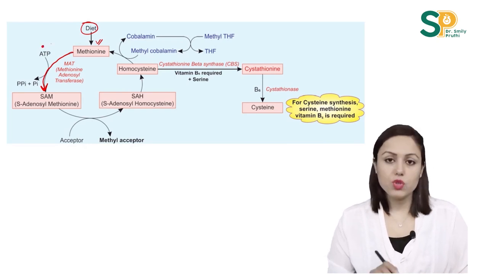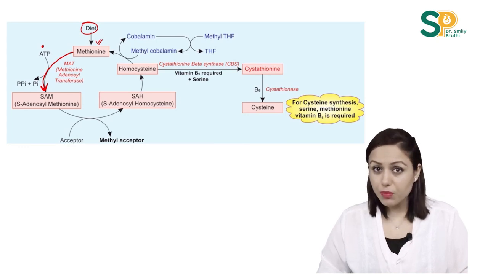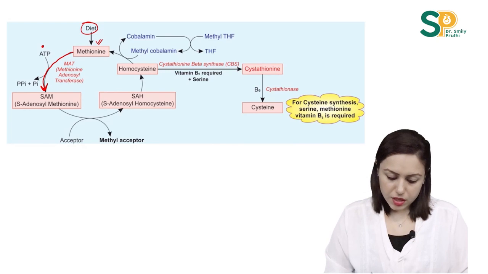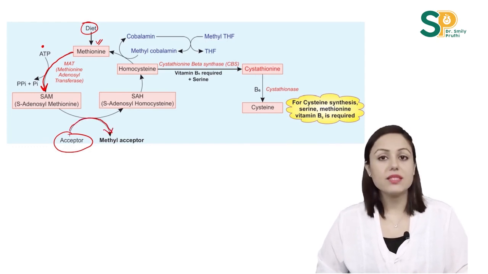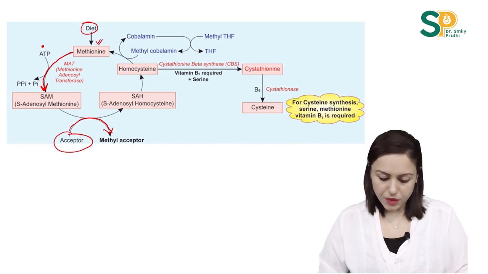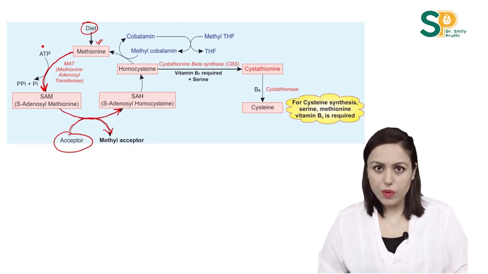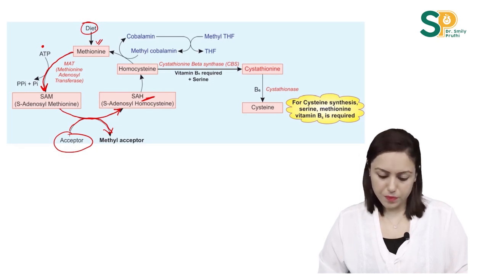Here ATP is used and all 3 high energy phosphates of ATP are broken in this step, right? Then SAM is a methyl donor. So any acceptor can take a methyl group from SAM and gets converted to a methylated acceptor. On the other hand, when SAM donates its methyl group, it gets converted to SAH, that is S-adenosyl homocysteine.